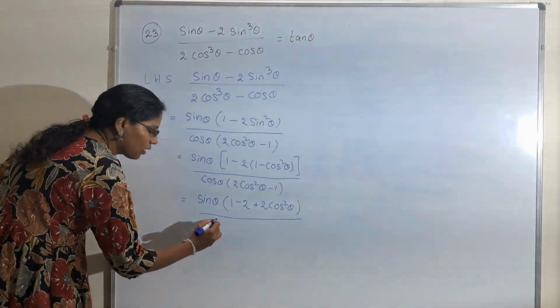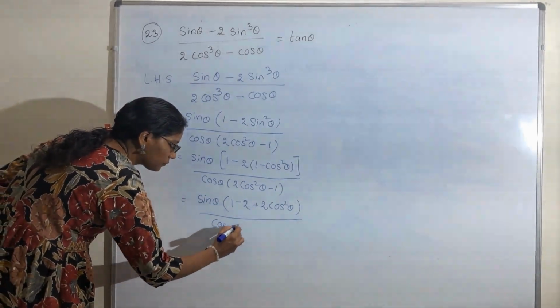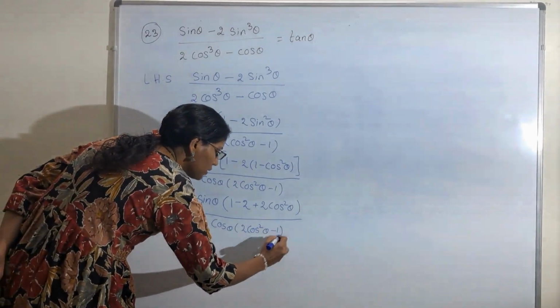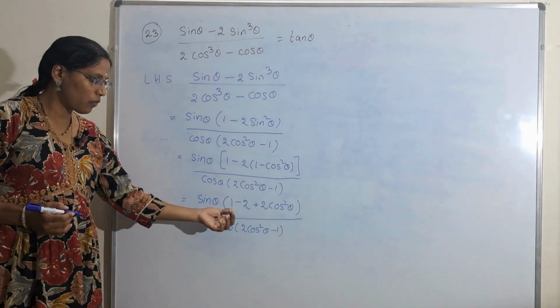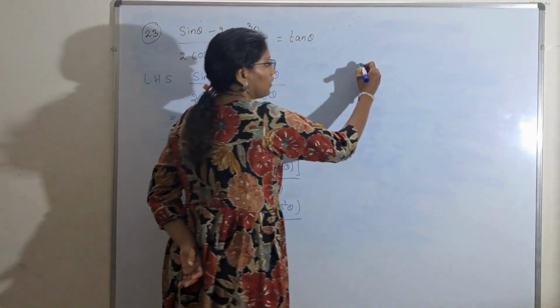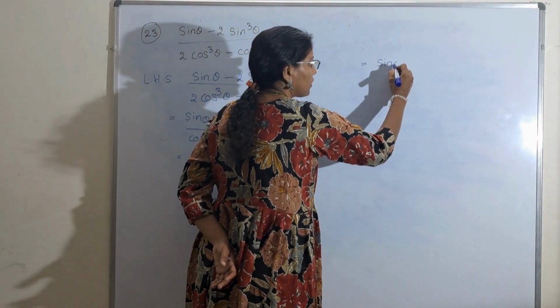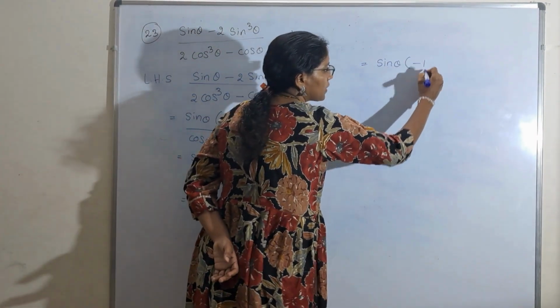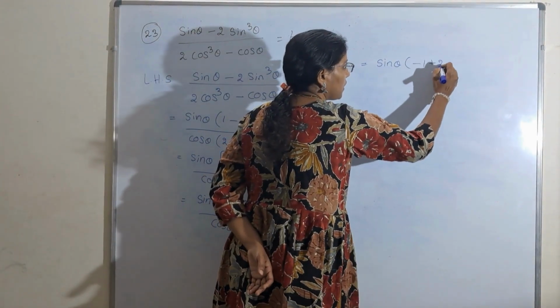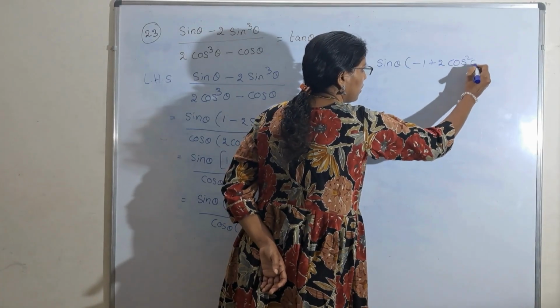By cos theta of (2 cos square theta minus 1). Next, numerator: 1 minus 2, minus 1 will come. Sin theta of (minus 1 remaining plus 2 cos square theta).